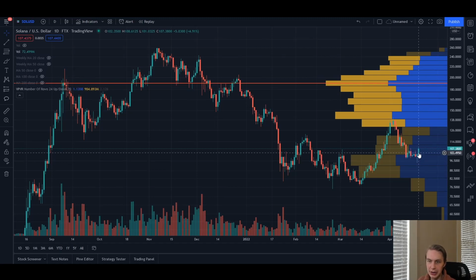So if we do see continued upside, like the TCI is thinking is plausible, and like the short-term UDPI is thinking is plausible, I think we could certainly rally back up to these levels, but then I'd start watching it and becoming more and more pessimistic unless broader sentiment really changes, for us to be able to slice through all of this volume that was up here. So obviously there's no guarantees. You know, crypto can do anything, Solana can do anything.